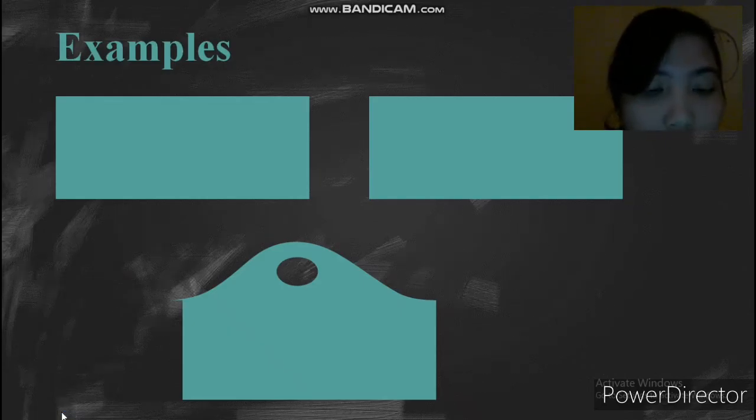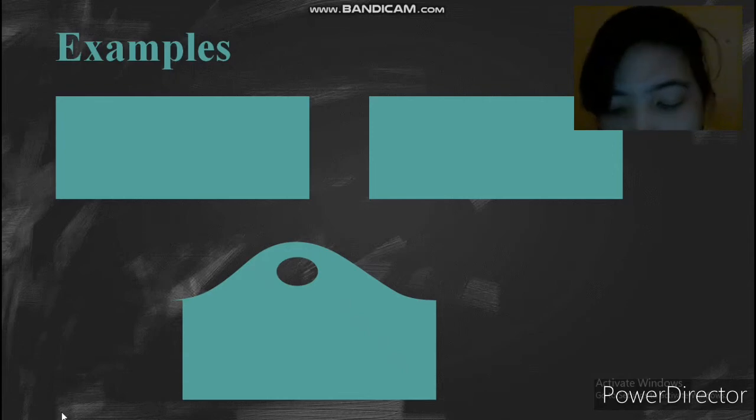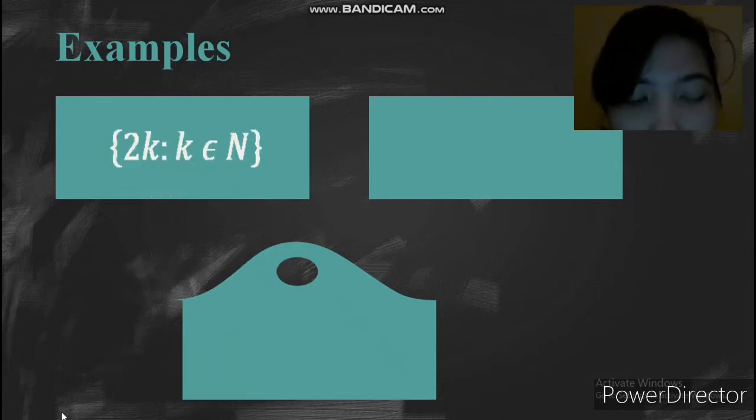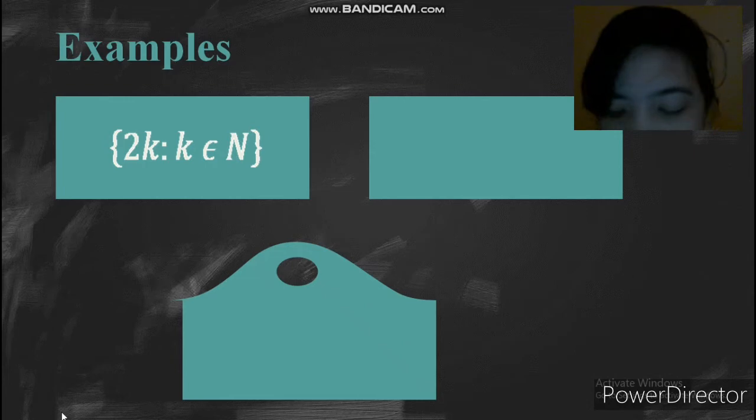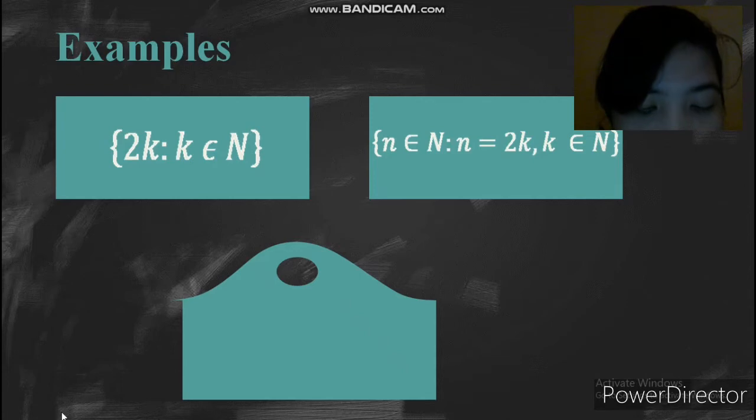a natural number n is even if it has the form n = 2k, k an element of N. The set of even natural numbers can be written {2k : k ∈ N}, which is less cumbersome than {n ∈ N : n = 2k, k ∈ N}.